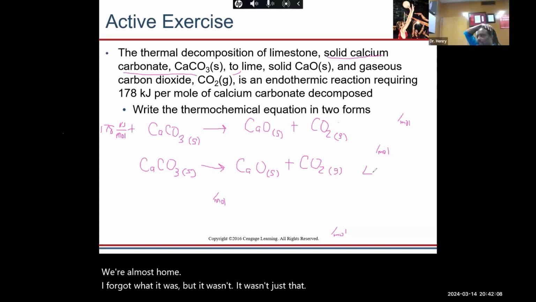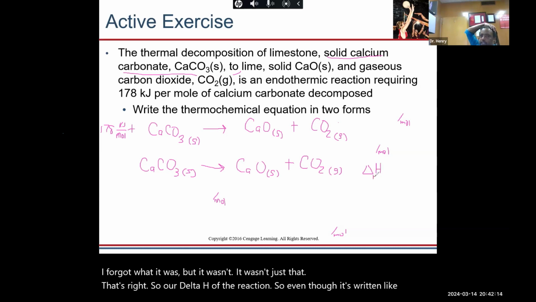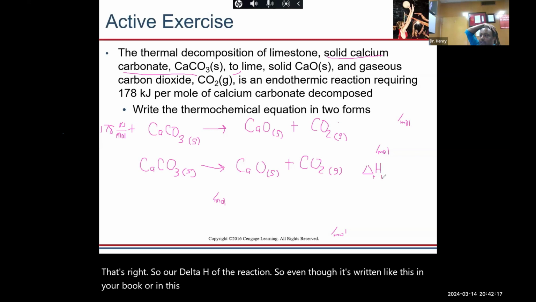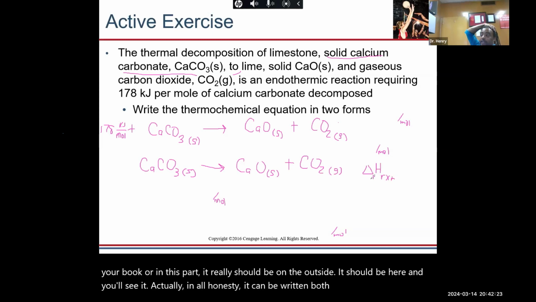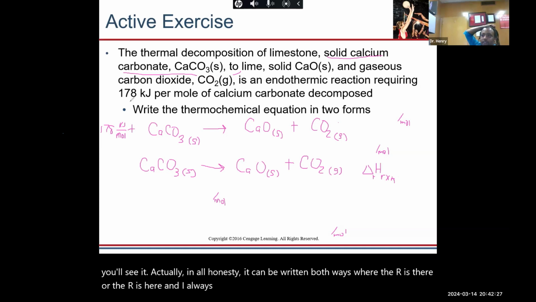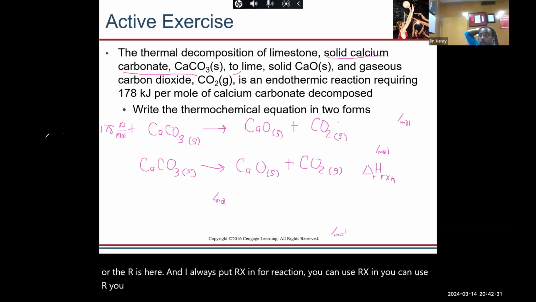Right, so our delta H of the reaction. Even though it's written like this in your book, it really should be on the outside, here. It can be written both ways, with the R there or here. I always put RX for reaction. You can use RXN, R, or RN. They all mean exactly the same thing. It just depends on the book you're learning from.